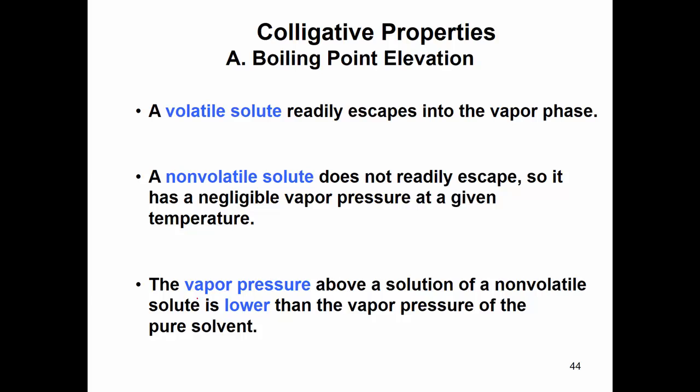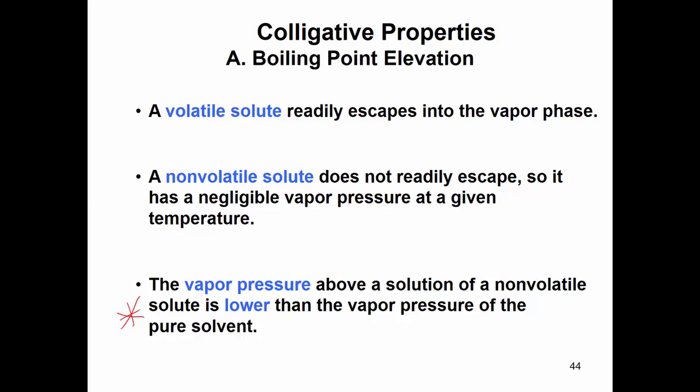So the vapor pressure above a solution of a non-volatile solute is lower than the vapor pressure of the pure solvent. Let's think about this. A lot of students get this backwards, but it actually does make sense if you know what volatile means and you understand what vapor pressure means.